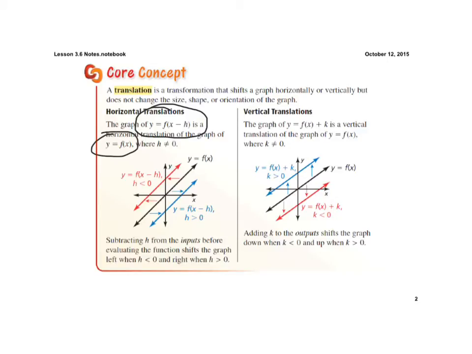If you look at a vertical translation, again, the original function is y equals f of x. Then the vertical translated function, notice this time what's being added or subtracted is on the outside of the function, and that will shift the graph up or down.